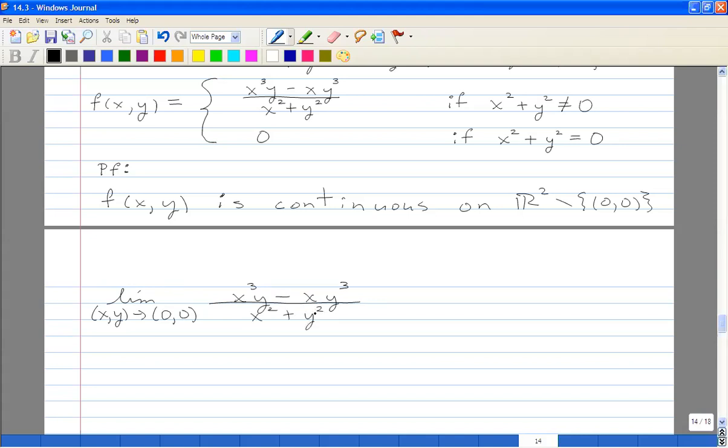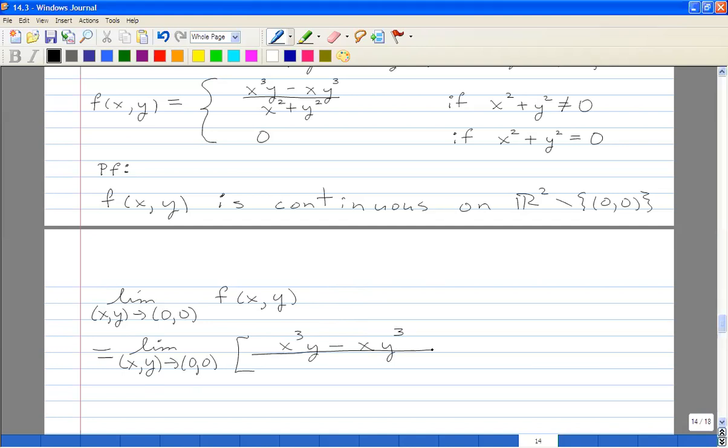Okay, well, actually I should just say f of x, y first. So let's look at this. Well, since we're approaching the origin, then we're not at the origin. So f is just defined as x cubed y minus x y cubed over x squared plus y squared.